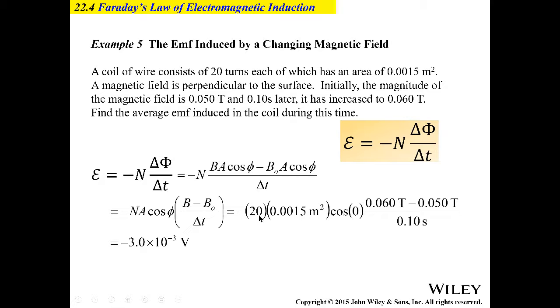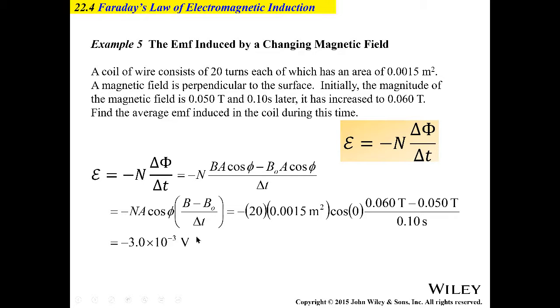And so you are told the coil has 20 turns and the area is 15 centimeters squared and it is perpendicular to the surface, so it's cosine of 0. And this is the change in the magnetic field, final minus initial, 0.06 minus 0.05 Tesla in 0.1 seconds.